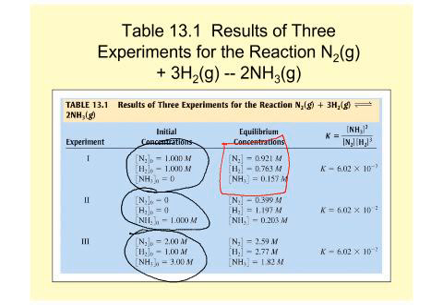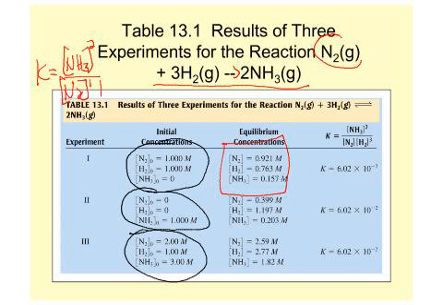So if my reaction is N2 plus 3H2 yields 2NH3, K would be products over reactants: NH3 concentration squared, over my reactants, N2 to the first and H2 cubed. That's it.